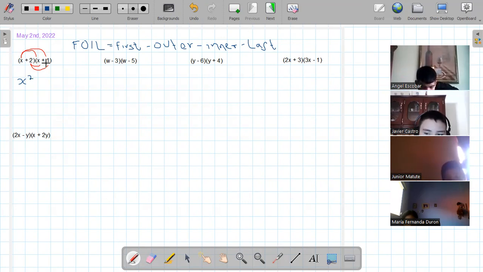Now x times 1 is 1x, or only x, because remember, coefficients of one, I don't need it. And there I finish multiplying the first term times everything inside the second parenthesis. Now I'm going to do it in green, the second term times everything inside the second parenthesis.